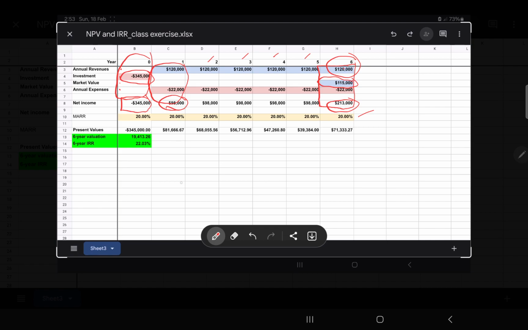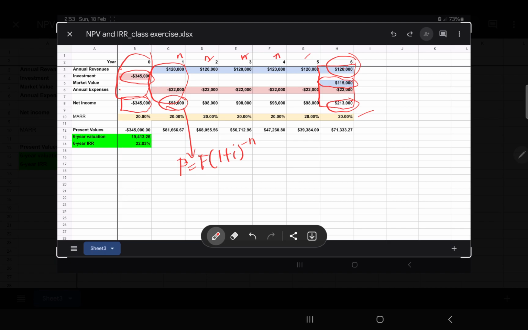The formula we will use to convert 98K into present value is P equals F times (1 plus i) raised to negative N. Take note that N here will be N equals 1, N equals 2, N equals 3, N equals 4, and so on.